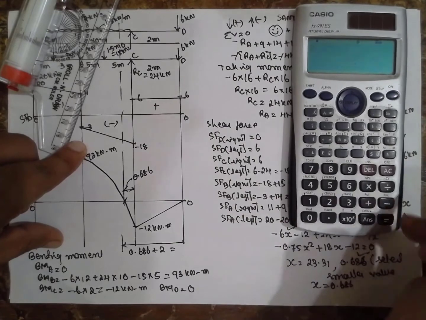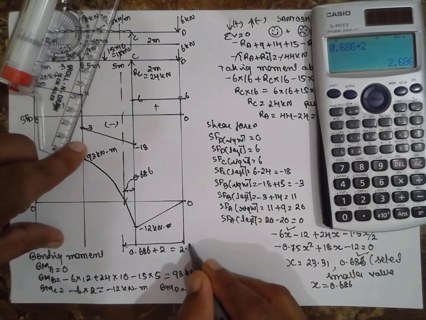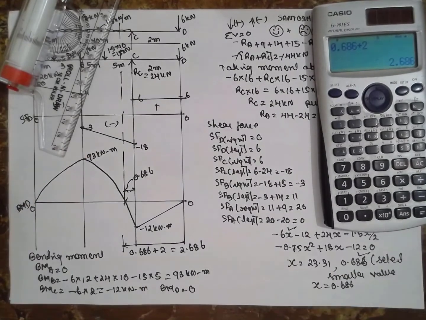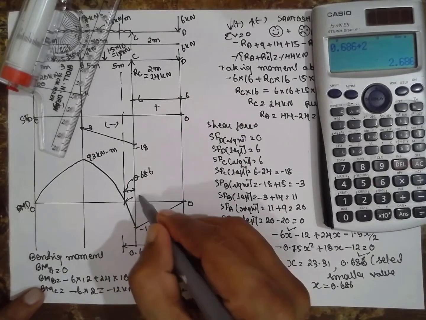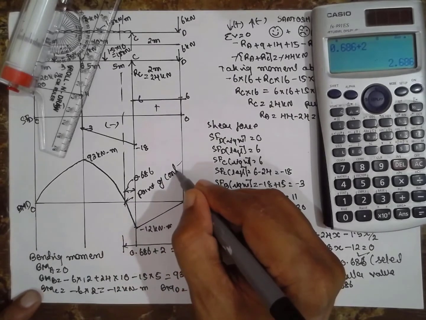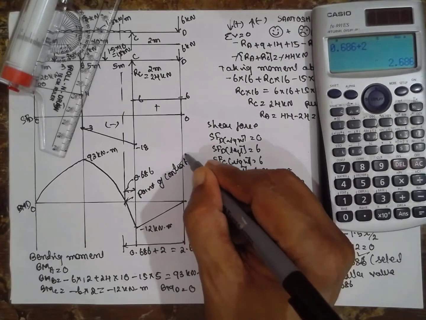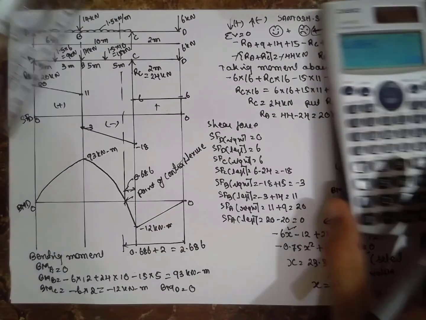The answer is 2.686. This is the point of contraflexure. In this way, you have to solve the problem.